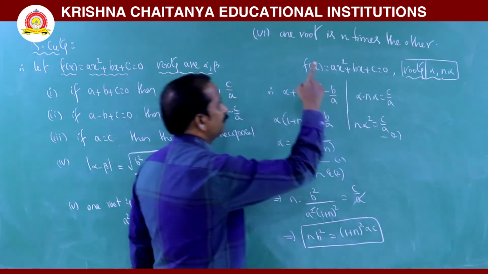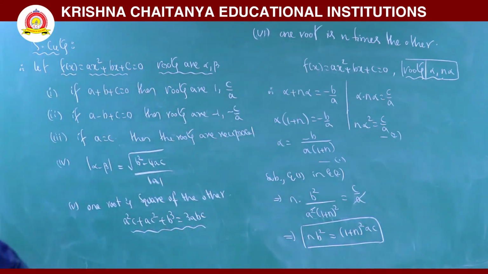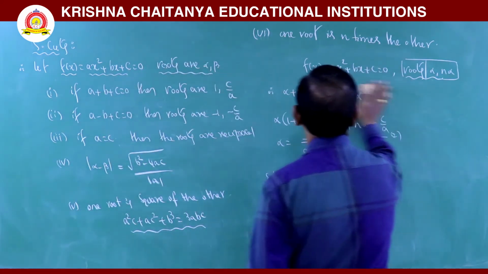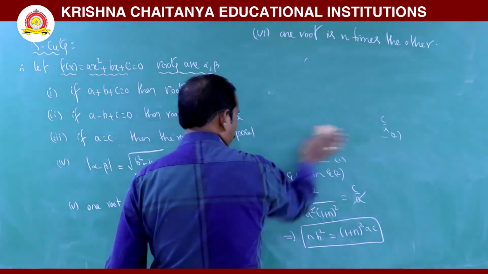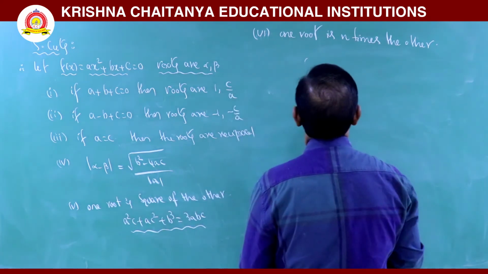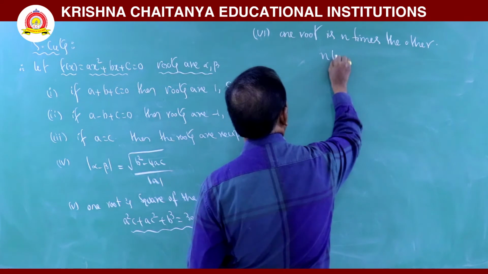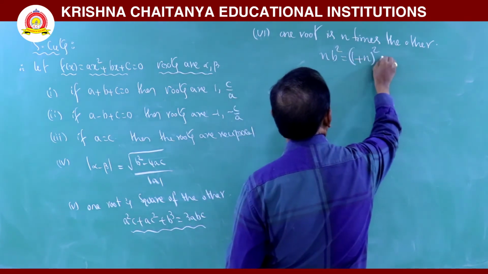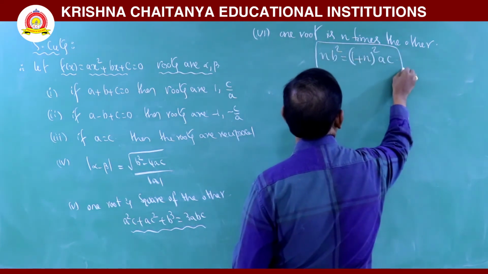Given the condition one root is n times the other, then what we get? n b square is equal to 1 plus n whole square into ac. So this is very useful for objective.